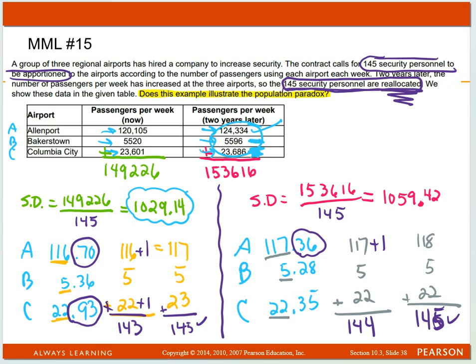B did not change; they stayed 5 here and 5 there. A had 117 and now they have 118. C has 23 and dropped to 22. So it looks like C lost a security personnel to A.